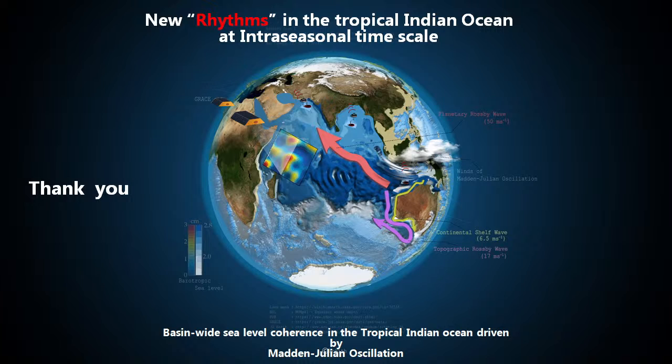This data is freely available, and I have used a 10-day product from GRACE, and it gives the equivalent water depth. That is, it converts this mass variability into sea level.